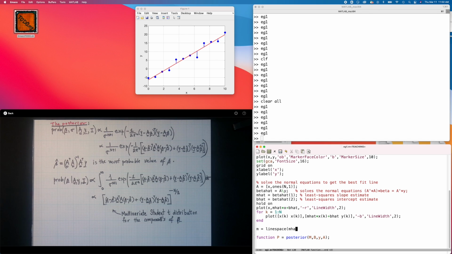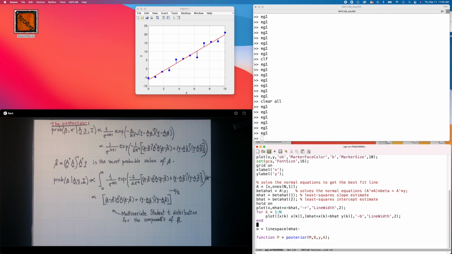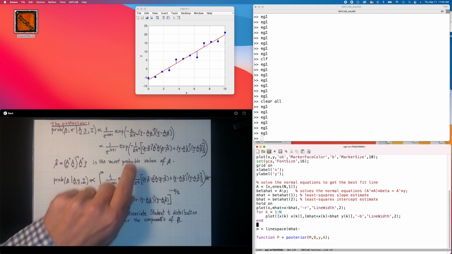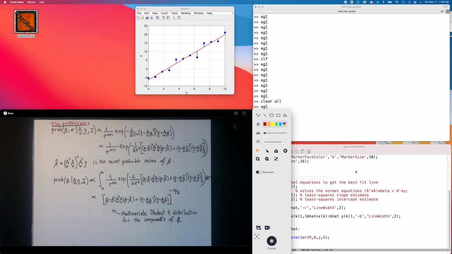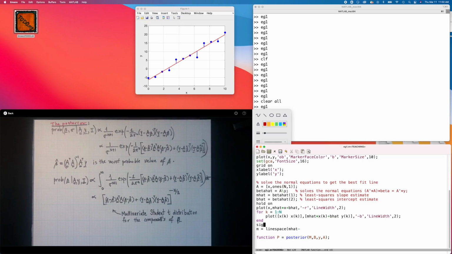So for M, I'll use M hat minus, well, I guess we can use an estimate of how broad the posterior will be based on an estimate for sigma. We can get a rough estimate of what sigma is from the residuals. So let's compute that, and that'll give me a rough idea of how broad the posterior will be and how much area I need to integrate most of the posterior.